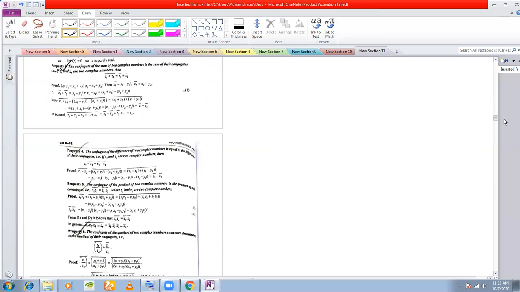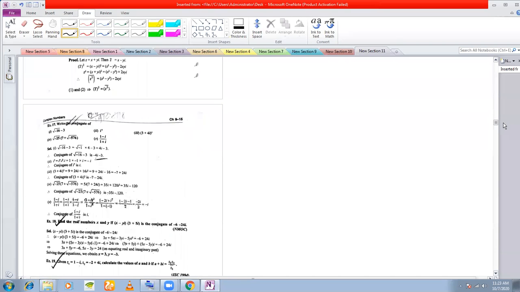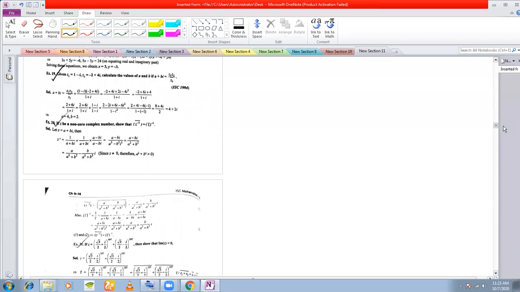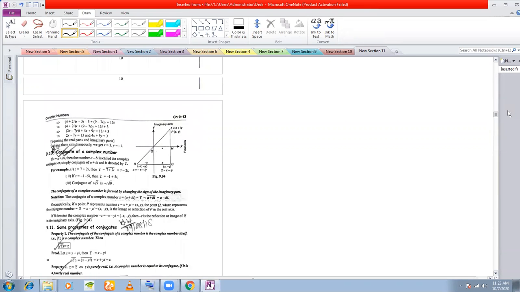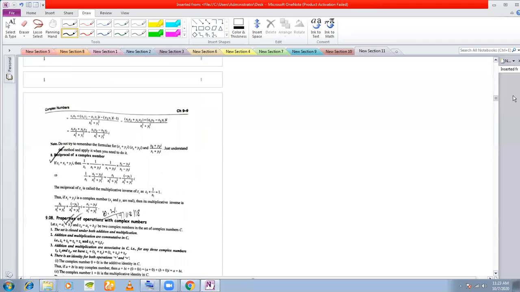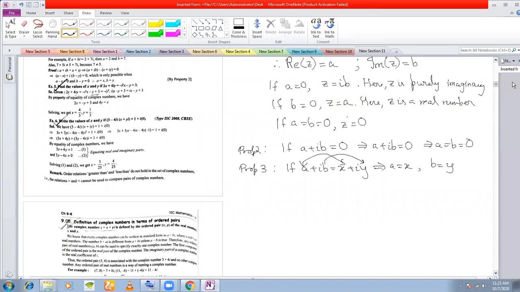Okay, I don't see an exercise that deals with all this. So what I'll do is continue with the explanation. I don't see any problem that relates to this. Okay, so in fact, I can see a worked out example. So let us try to understand this example.